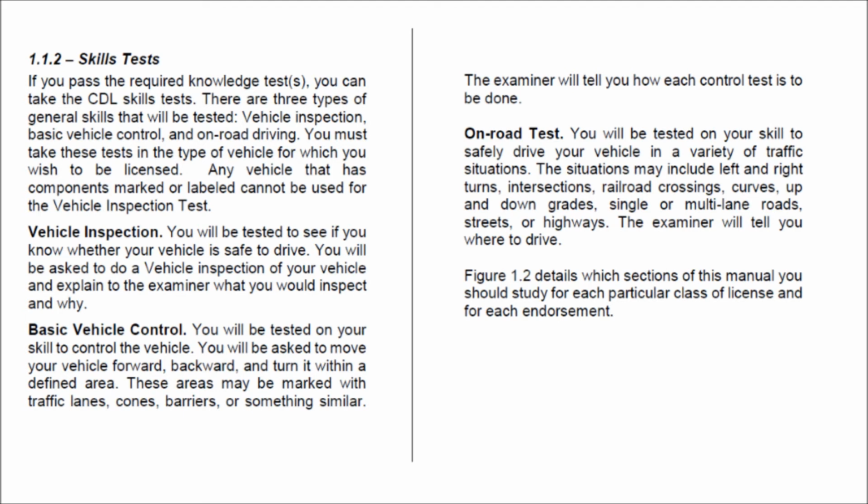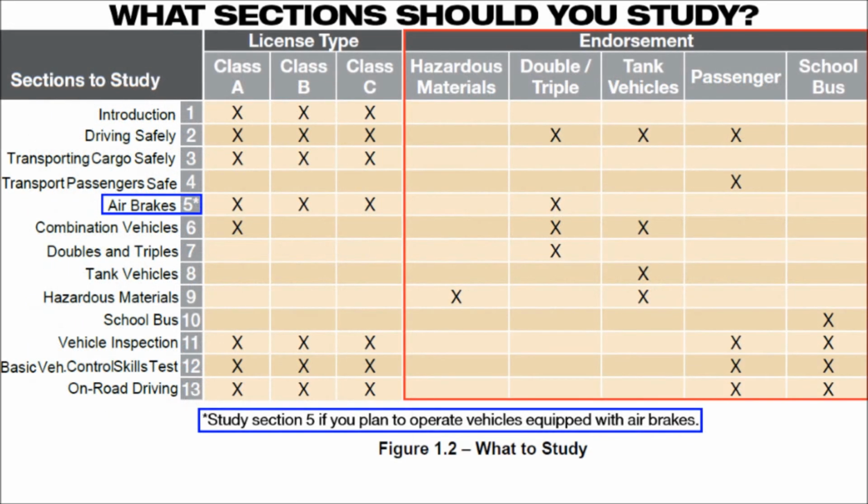This is Figure 1.2, what to study. So what sections should you study? Here you can see to the left are the sections to study, with the section number and the corresponding title. So we have a column of license types, and next to that we have a grouping of endorsements.